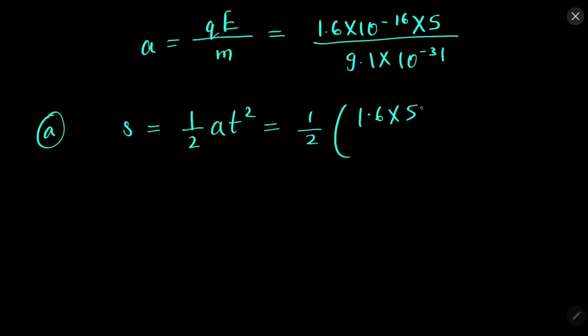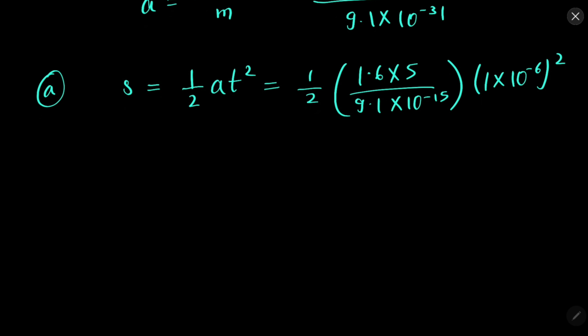So we will have 9.1 into 10 to the power minus 15 into time square, so 1 into 10 to the power minus 6 whole square. So distance will be approximately 439.56 meters or approximately 440 meters.